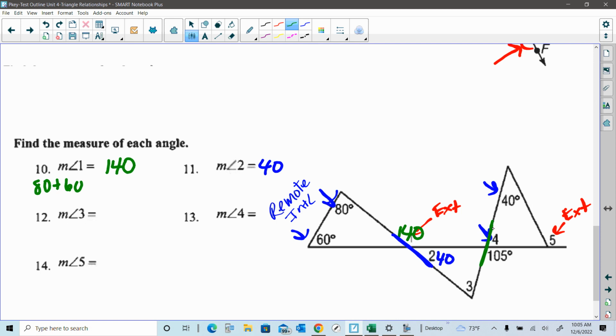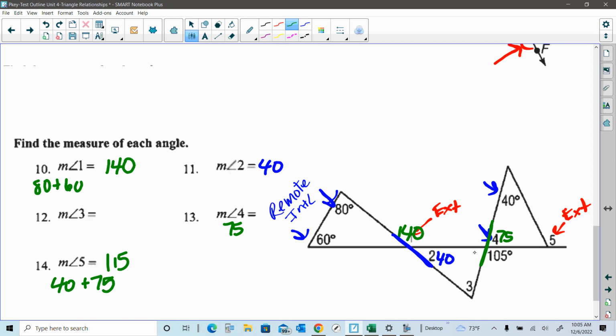So angle 4 would have to be, yep, 75. And now I got another exterior angle for angle 5. I can use the remote, the 40 and the 75. 115, yes.